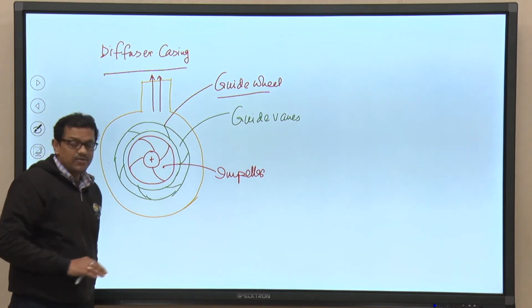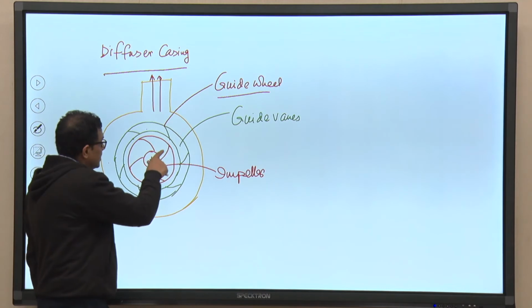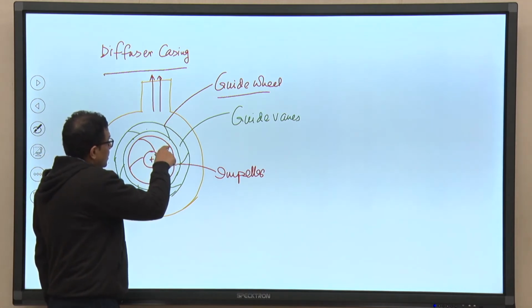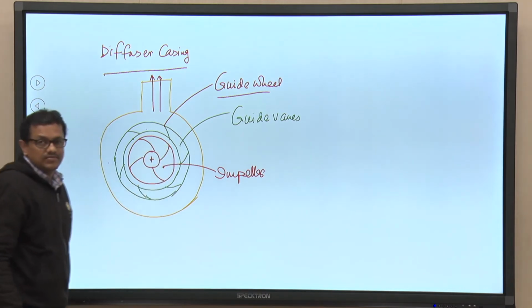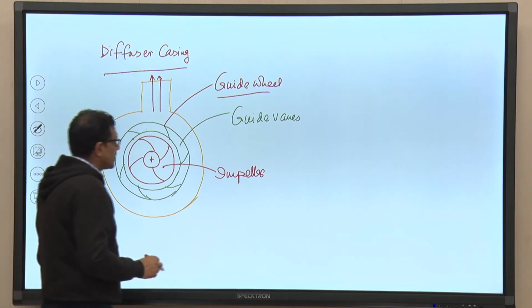Now, the very important thing is the vane angle, that is very important. So, what I am writing?